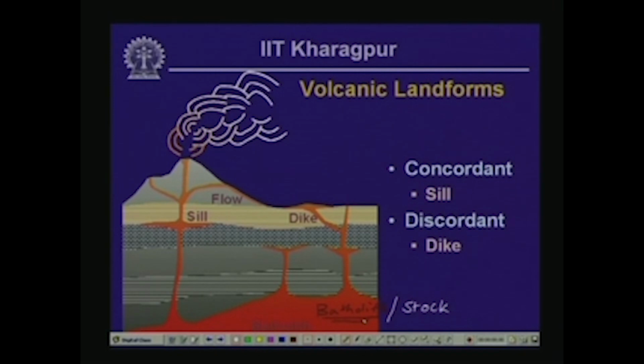Now, the partially molten material from a batholith or stock could find its way up, because of its lighter unit weight in comparison with the surrounding rock mass, through the cracks and fissures within the body of the surrounding rock mass.